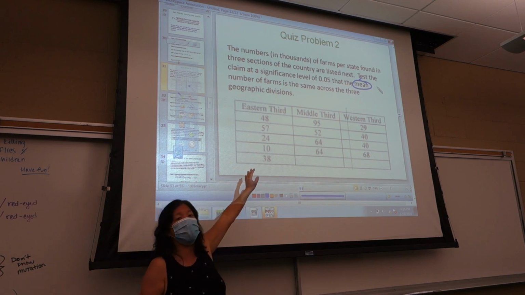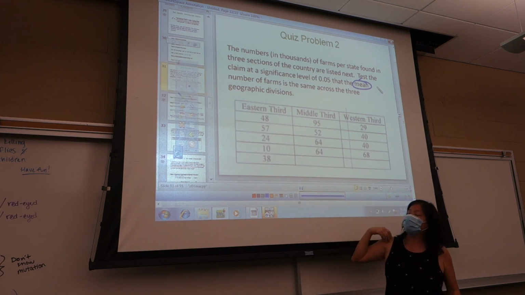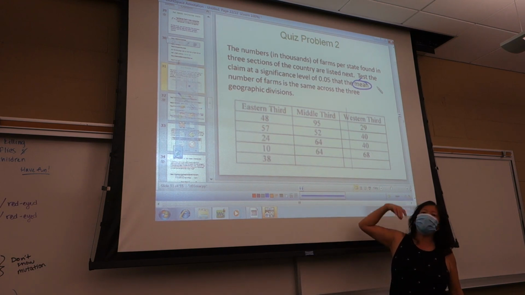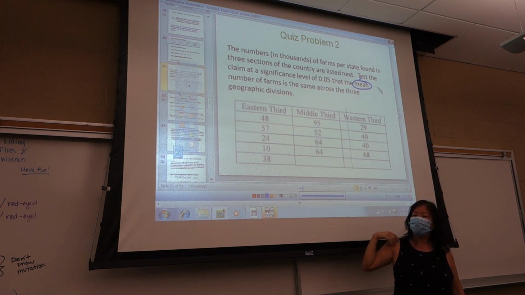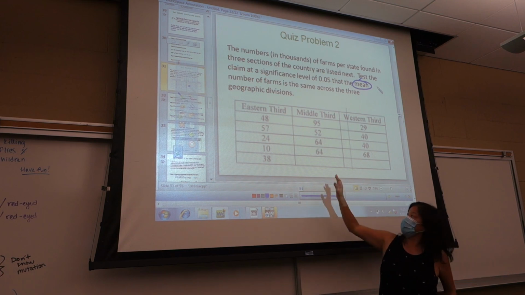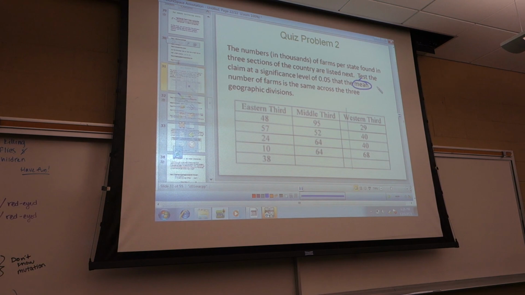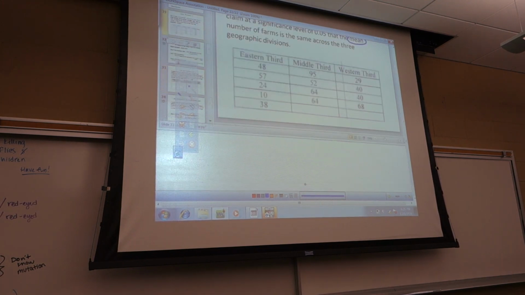This is not 2, this is 3 lists. Everyone see this? And they're not matched up in pairs. So anytime you have 3 or more lists, that's ANOVA. Because with 2 lists, we would just do a 2 sample t-test. So there's 3 or more lists, you're good to go. This is ANOVA. Great. All right, so then what's my first step?